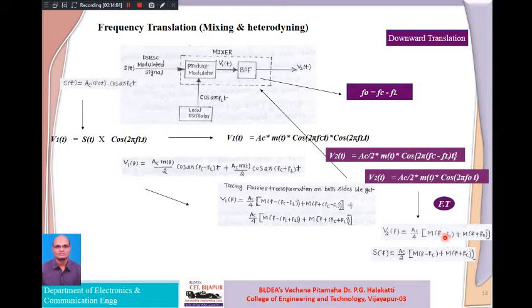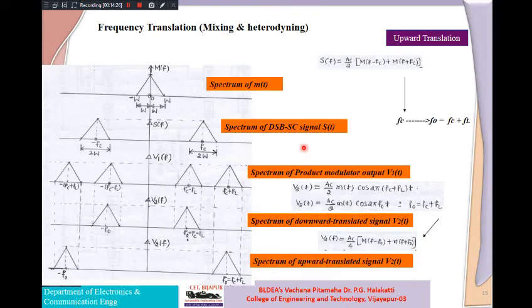Your sidebands are shifted in the downward direction from fc to fc minus fl. So this is all about frequency translation, or heterodyning, in the downward direction. Once again I put the spectrum here for you to understand.